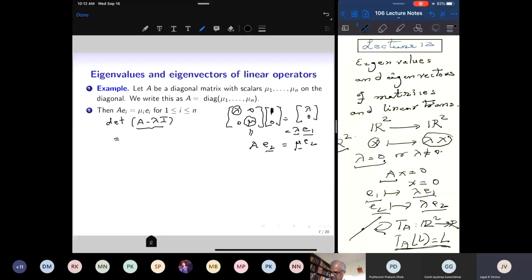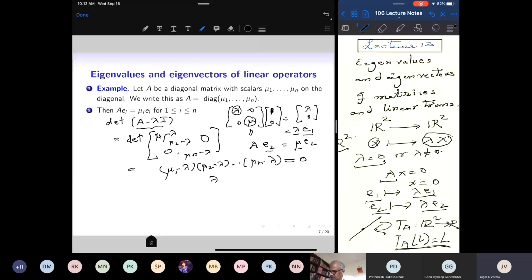It is the determinant of the diagonal matrix with entries mu 1 minus lambda, mu 2 minus lambda, up to mu n minus lambda. The determinant of a diagonal matrix is the product of its diagonal entries, and this is the characteristic polynomial. So lambda equals mu 1, up to mu n. The diagonal entries are the eigenvalues, and the corresponding eigenvectors are the standard basis vectors.